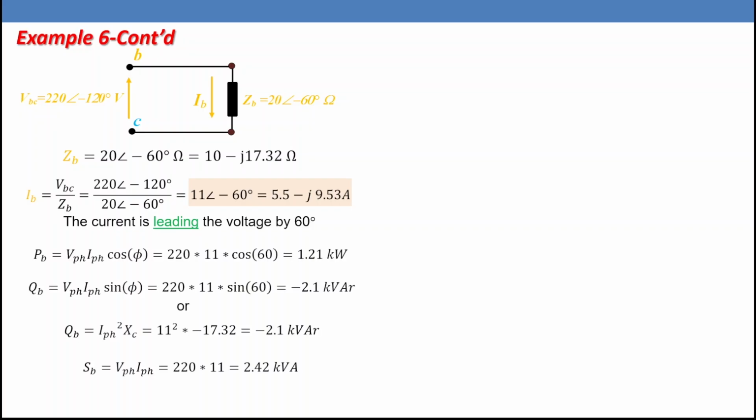The power of this phase, V phase I phase cosine phi, gives you the same answer like phase A, 1.21 kilowatt. But regarding the reactive power, V phase I phase sine phi, that one is a capacitive element. So we have minus 2.1 kilovar. We can calculate it as I phase square XC, so 11 square multiplied by minus XC gives you the same answer. The apparent power will be root P square plus Q square or V phase I phase.